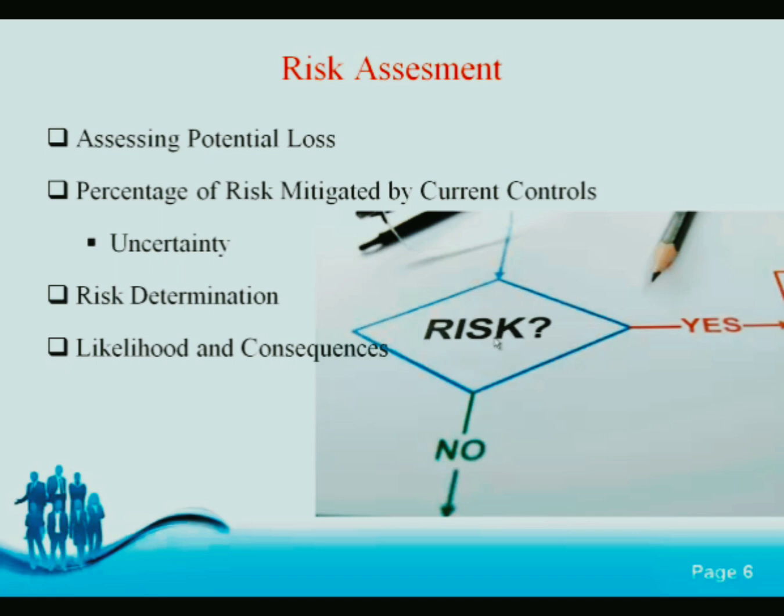So percentage of risk mitigated by current controls: इसके अंदर अनसर्टेनिटी है। अनसर्टेनिटी कहते हैं कि वी डोंट नो व्हाट्स गोइंग टू हैपन इन द नेक्स्ट मिनट और नेक्स्ट सेकेंड और नेक्स्ट आवर और नेक्स्ट डे, very uncertain events that may happen. So it is not possible to know everything about each vulnerability. So the degree to which a current control can reduce risk is also subject to estimation error.